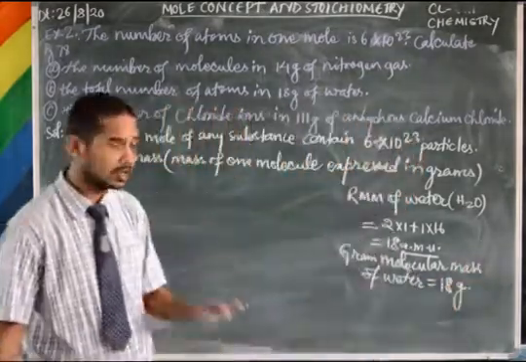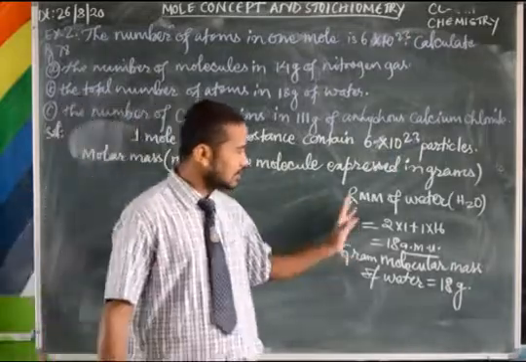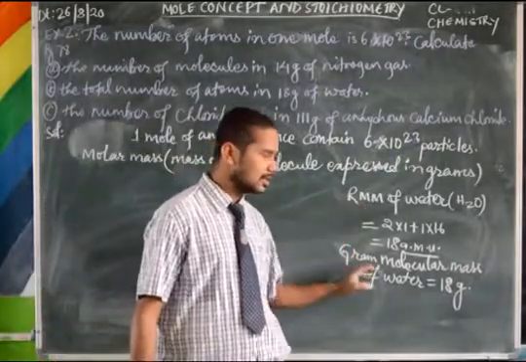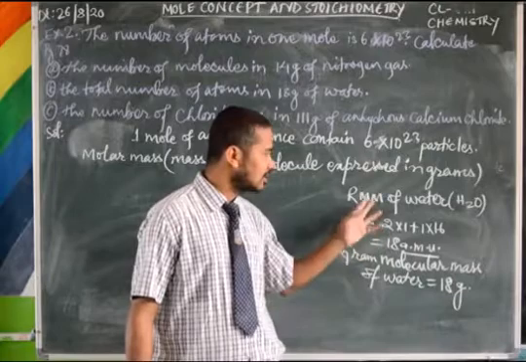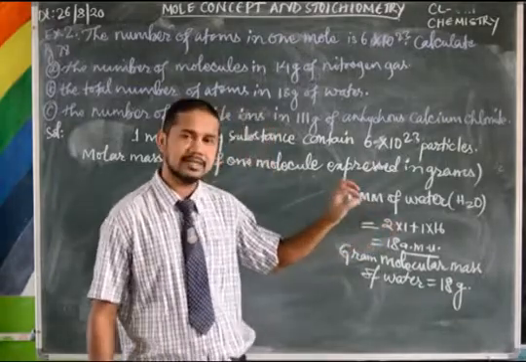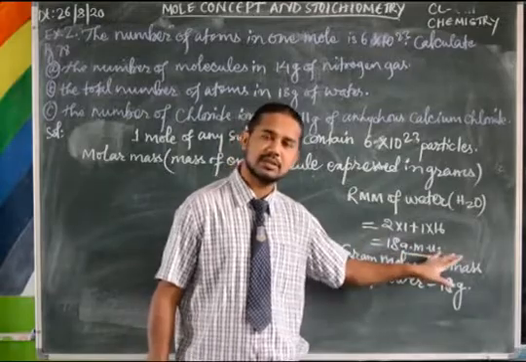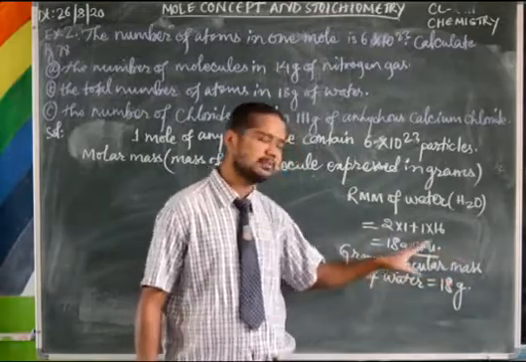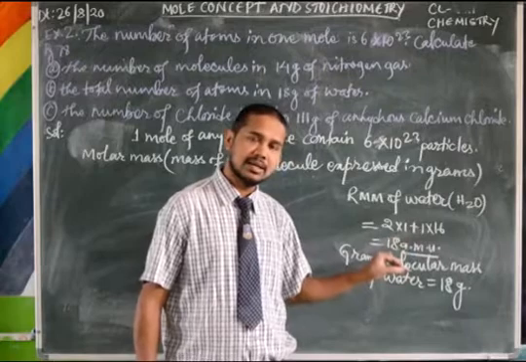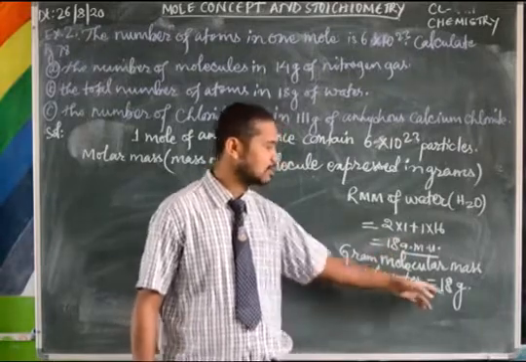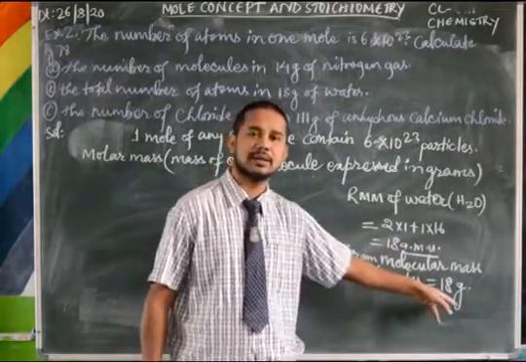Got it? What is the difference between relative molecular mass and gram molecular mass? Relative molecular mass is mass of a molecule in atomic mass unit, and gram molecular mass is relative molecular mass expressed in gram.